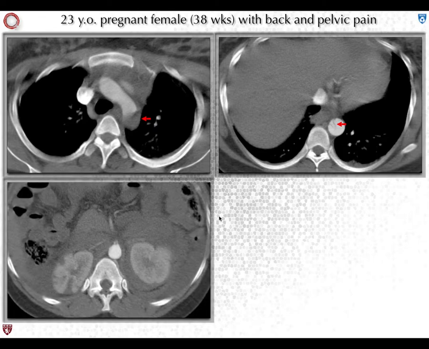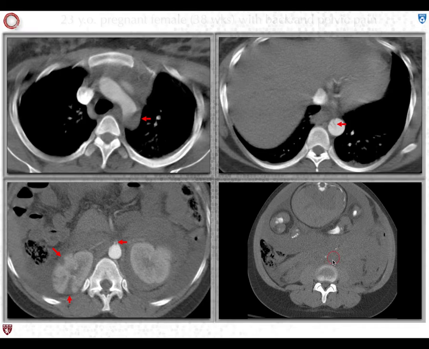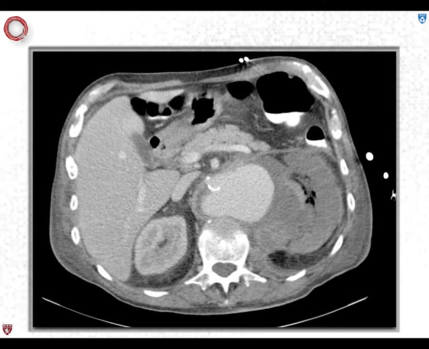It looks like maybe there's a flap going into the SMA there. Some renal infarcts. Oh, we have a fetus. And we see there's no contrast here in the abdominal aorta. They were able to save the baby, but the mom didn't make it, unfortunately. So you have to think about third trimester for dissection and rupture, okay?